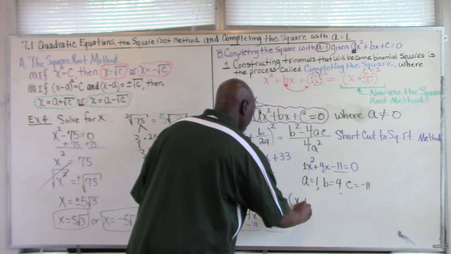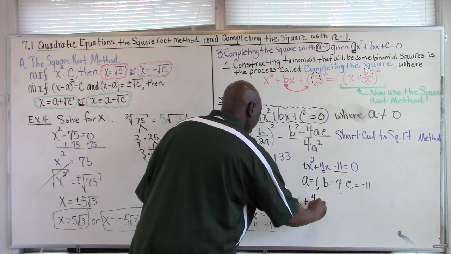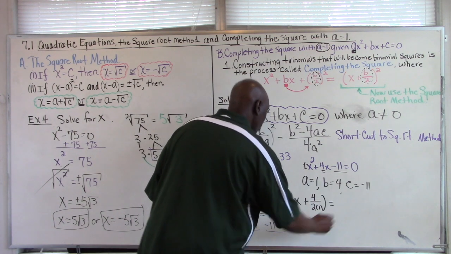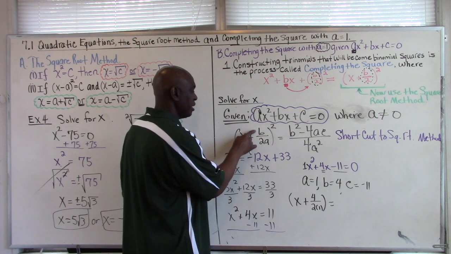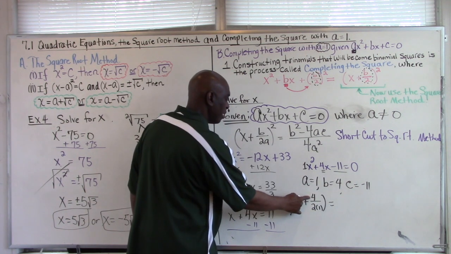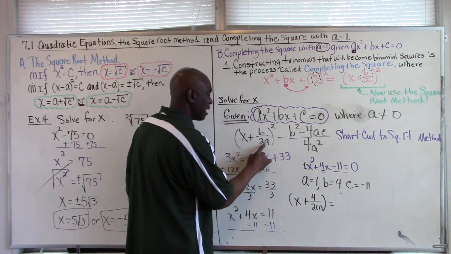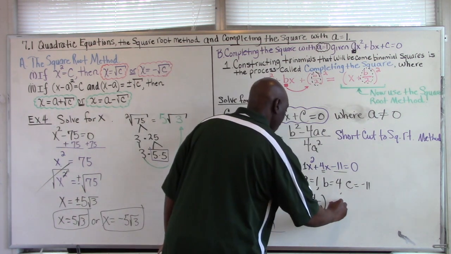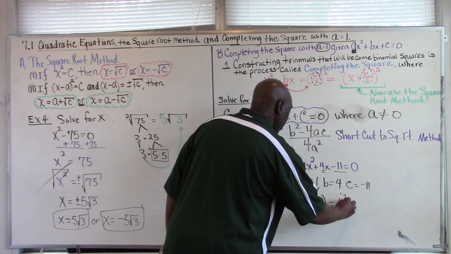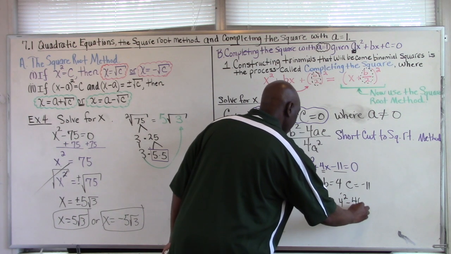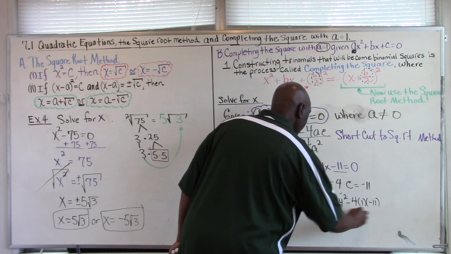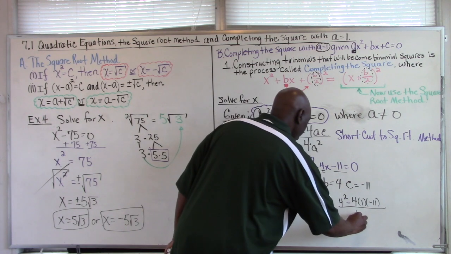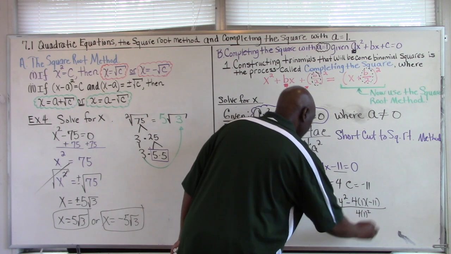x plus b, b is 4, divided by 2 times a, a is 1, equals b squared, 4 squared, minus 4 times 1 times negative 11, all divided by 4 times 1 squared.